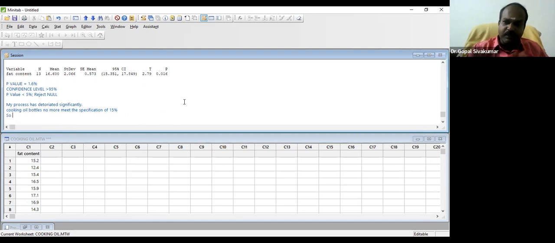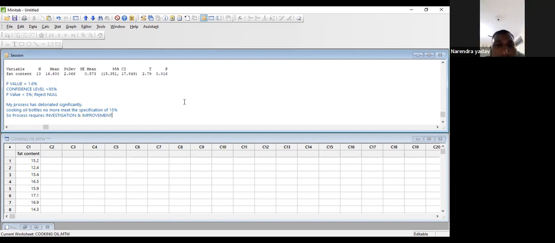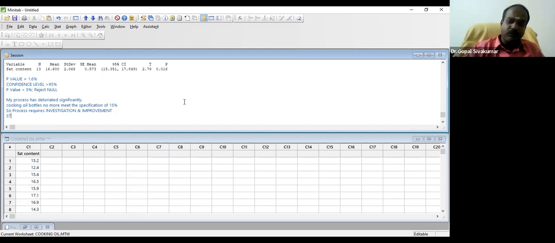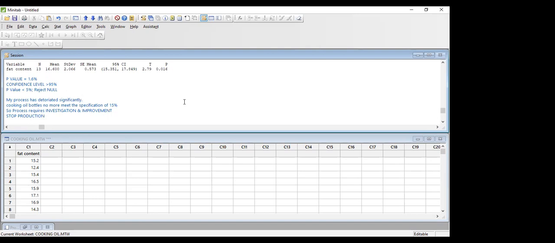So what is the remedy? The process requires investigation, right? The process requires improvement. Investigation. So you have to stop the production. Understand? All of you agree? Yes, yes.